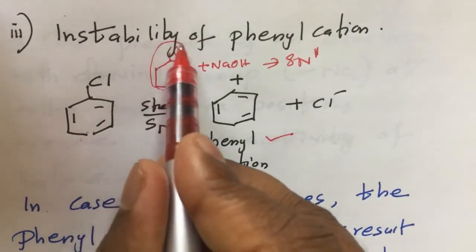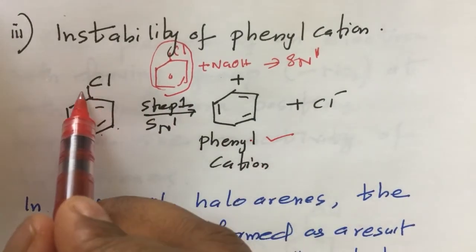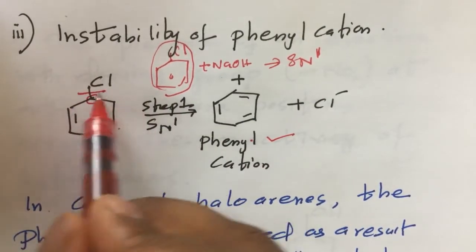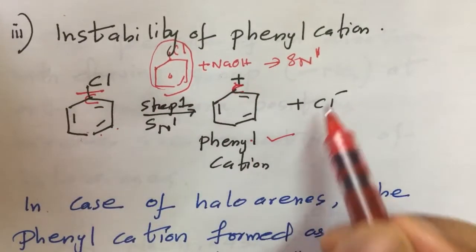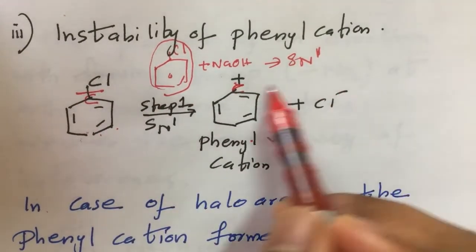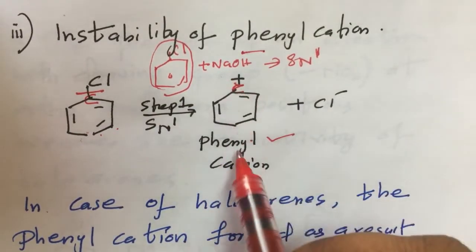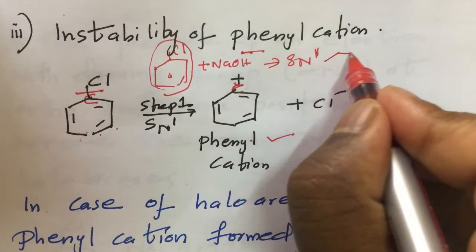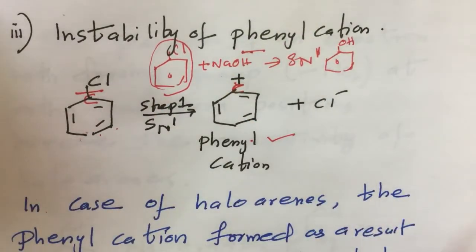So the chlorobenzene reactant undergo cleavage to form phenyl cation. Here the bond will break, then form carbon plus, then Cl minus. The second step, this carbocation will react with the OH minus. Phenyl cation react with OH minus to form phenol, if reaction is taking place through SN1 mechanism.